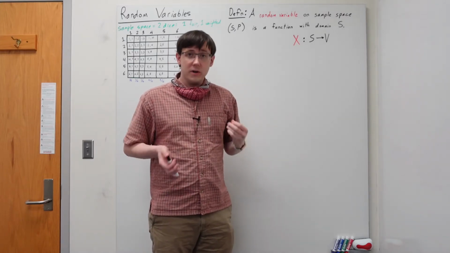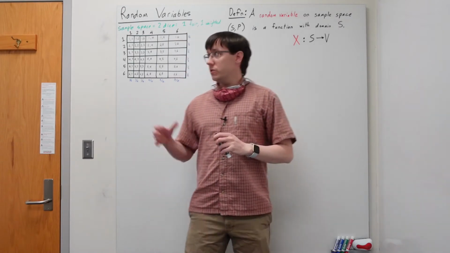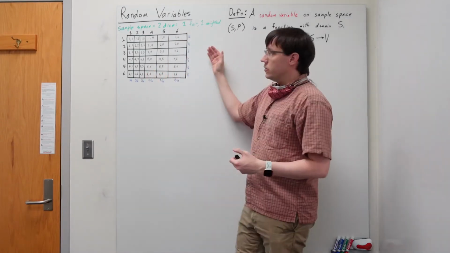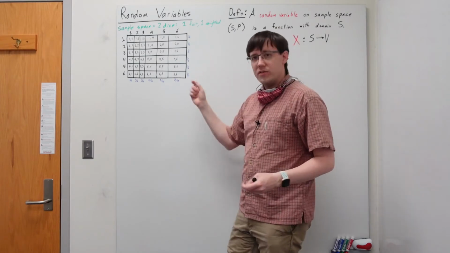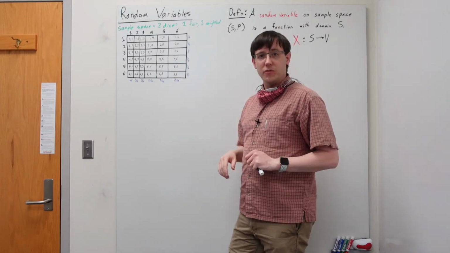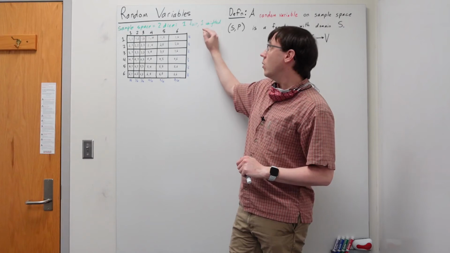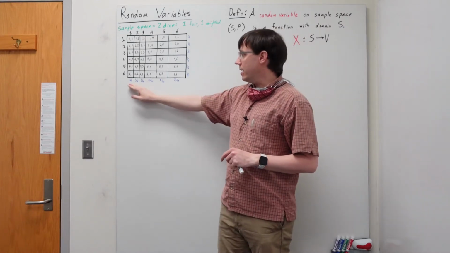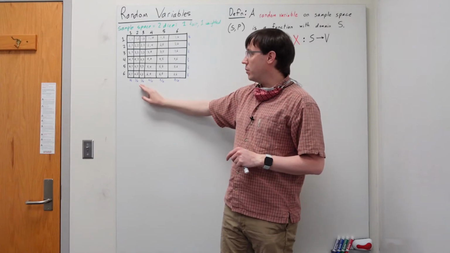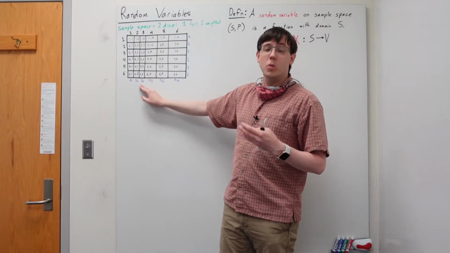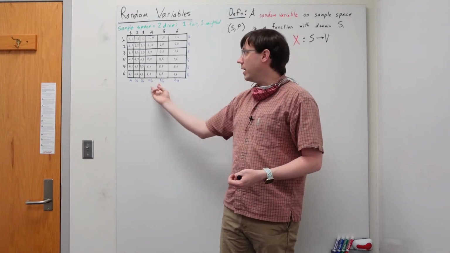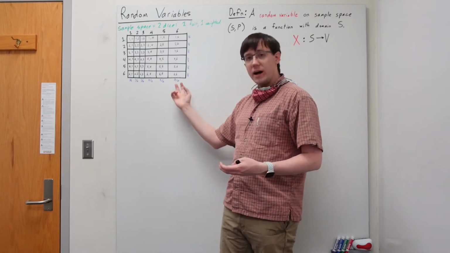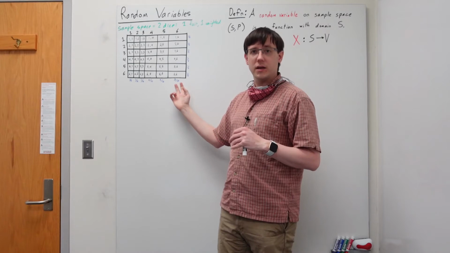And for all of our examples today, we'll use this as our sample space. So this sample space is similar to our 2 dice example from last time, but now one of the dice is weighted such that it has equal probability of landing on 1, 2, or 3, but higher probability of landing on 4 or 5, and the highest probability of landing on 6.